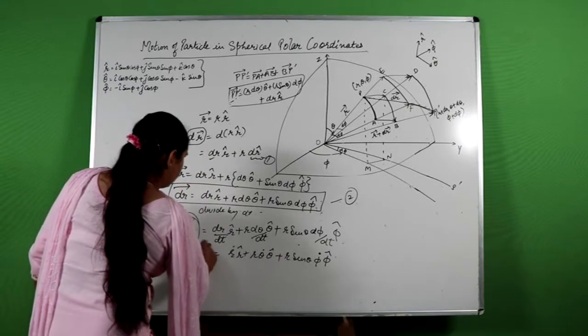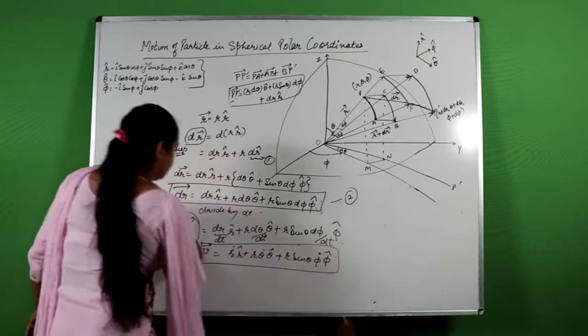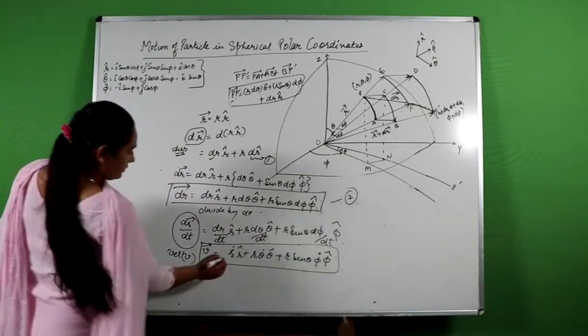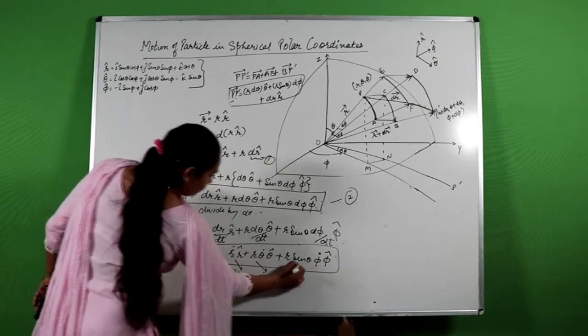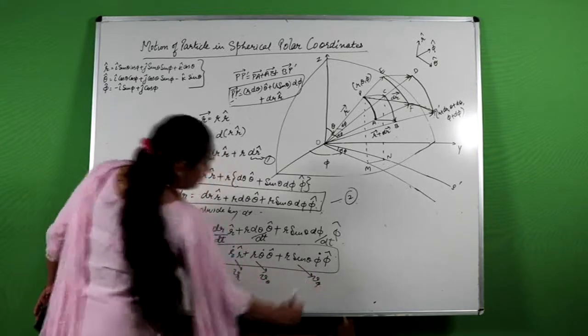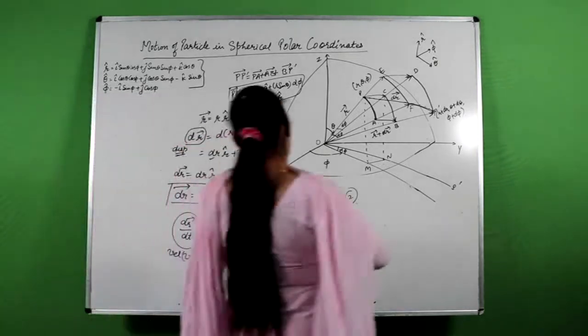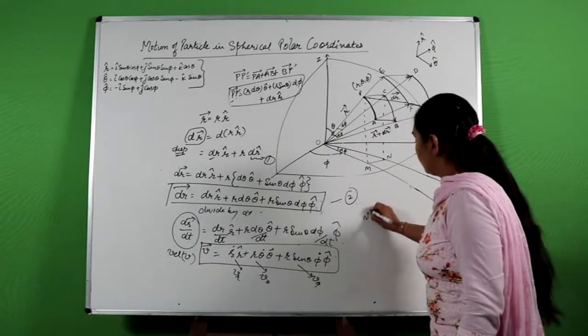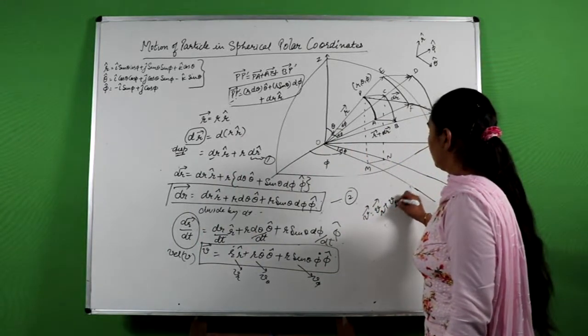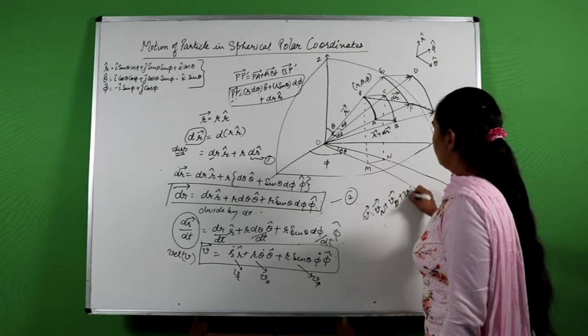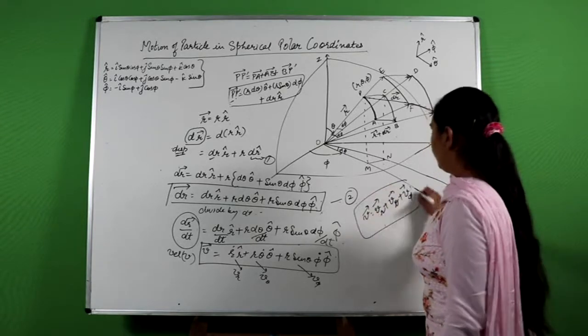This is my velocity. This is my Vr component, V theta component and V phi component, and I can write V is equal to Vr plus V theta plus V phi.